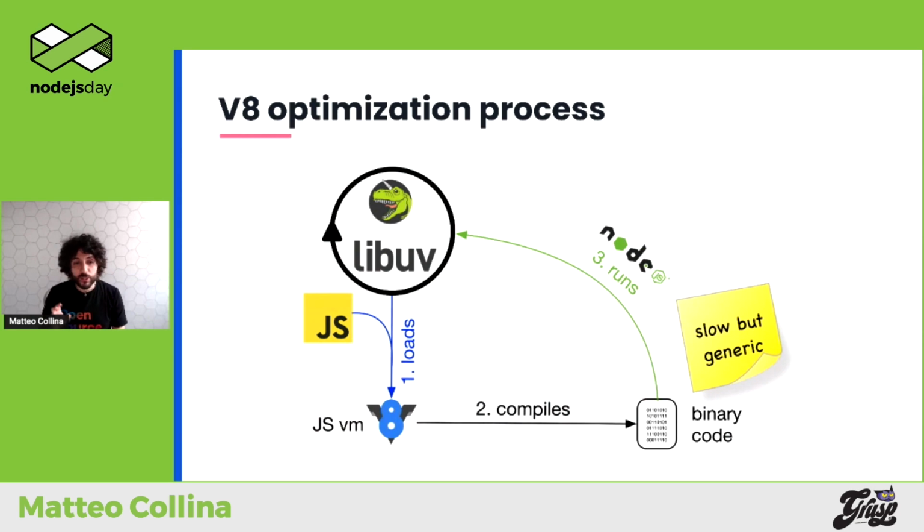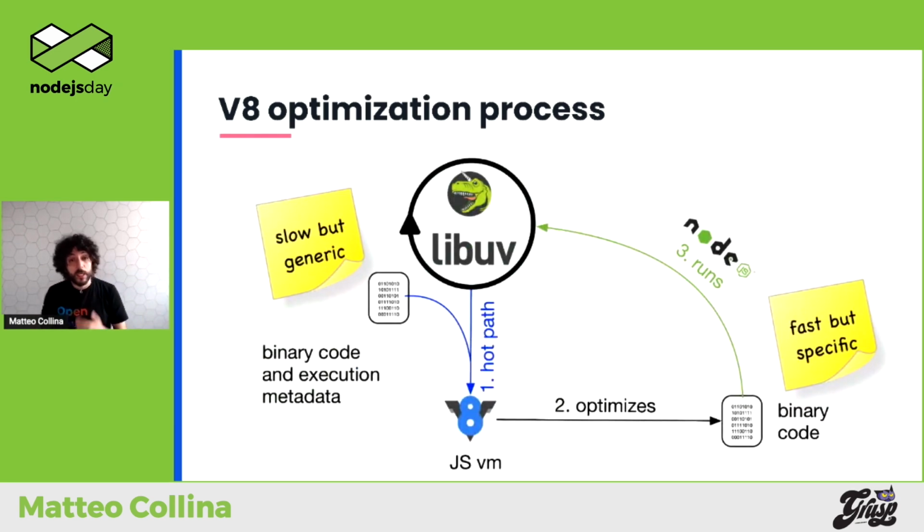So the V8 optimization pipeline starts with loading some JavaScript code, and it compiles it to some slow but generic binary code. However, when Node runs this a lot of times, it can actually optimize this further. It takes the slow but generic code and adds some execution metadata that it has collected.